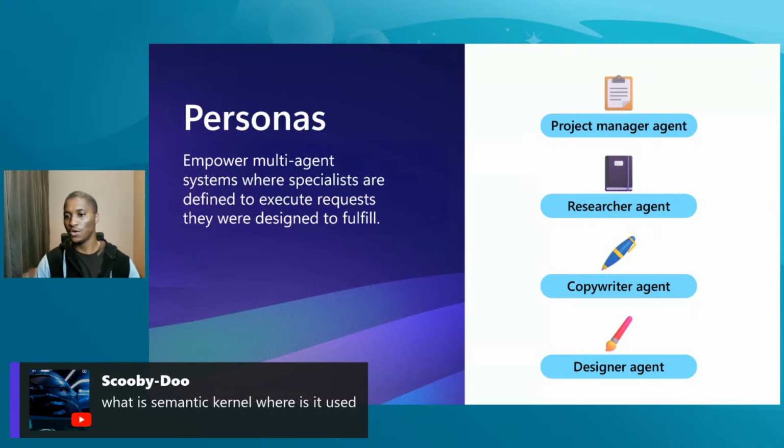Yeah, for sure. So how you can look at semantic kernel, for example, is how you can bring the element of AI into building intelligent applications. You may want an already existing application to bring in an element of artificial intelligence, like what we were talking about today with building an agent that has all of these different core components of semantic kernel, where you would have your plugins, your planners, and your personas.